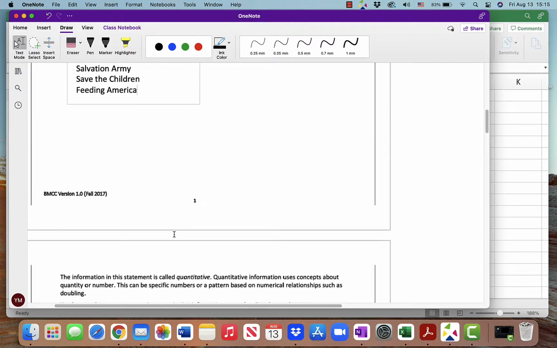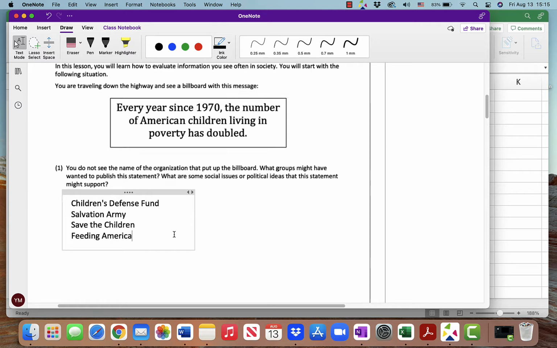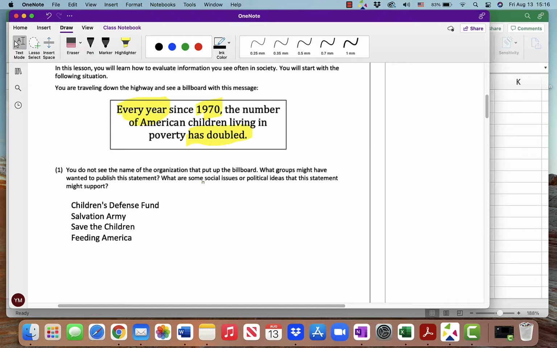So now, looking at this information, if we underline the numerical parts, the quantitative parts, we can see that we're talking about the year 1970. We do see that something is happening every single year. And then you have this mathematical concept of doubling that we'll also be reviewing. Correct? So this is what we're going to address right now.